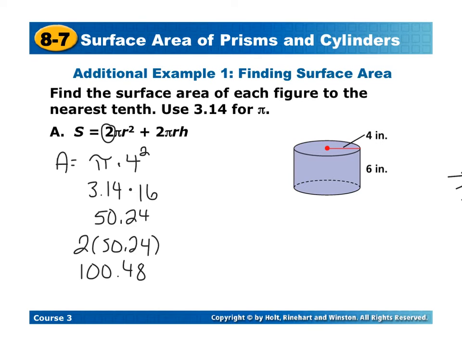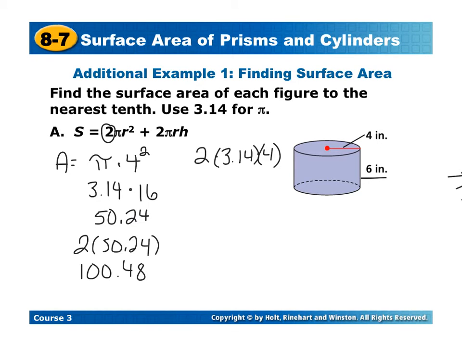Now I need to find the lateral surface area. So I'm going to find the circumference of the base, which is going to be 2 times 3.14, which is 2 times pi, times our radius, which is 4. And then I'm going to take all of this and also multiply it by our height. So I'm going to go ahead and do this.